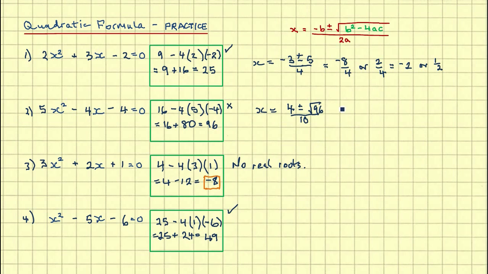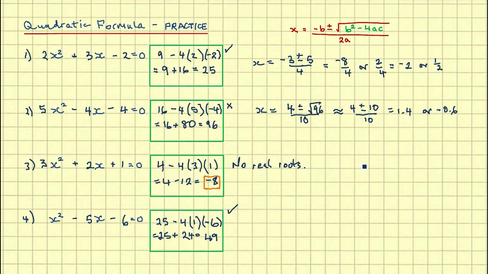So if I think of my root 96 as very close to root 100, then I can rewrite this 4 plus or minus 10 divided by 10, which is going to give me 14 divided by 10, so that would be 1.4, or 4 minus 10, which would be negative 6 divided by 10, or minus 0.6.